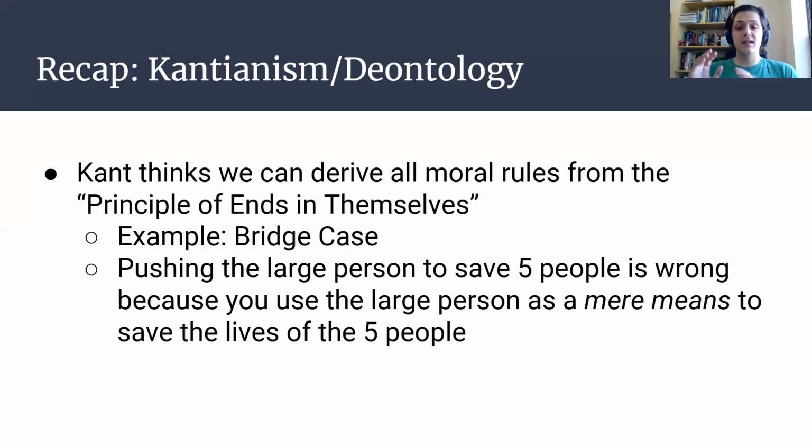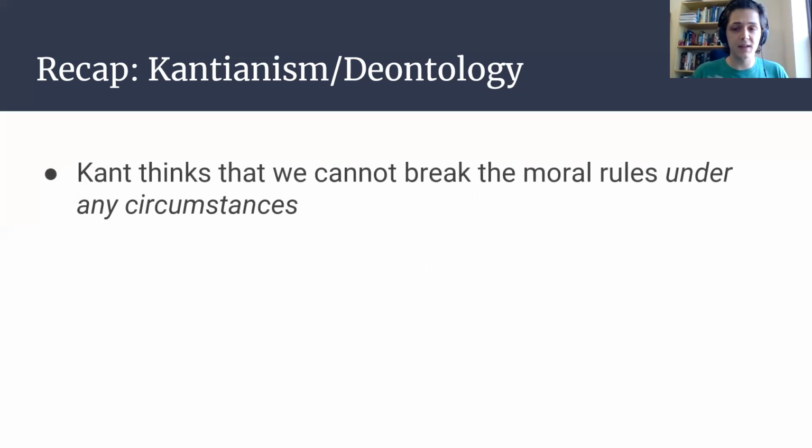And so you're disregarding their ends by pushing them off the bridge and sacrificing them to use as a tool to save the 5 people that you want to save. And so it's morally wrong to push the person off the bridge because it violates the principle of ends in themselves in the Kantian case.